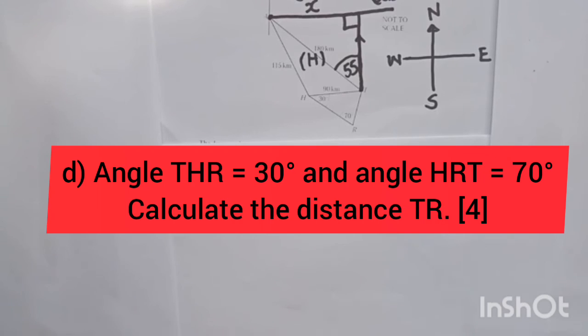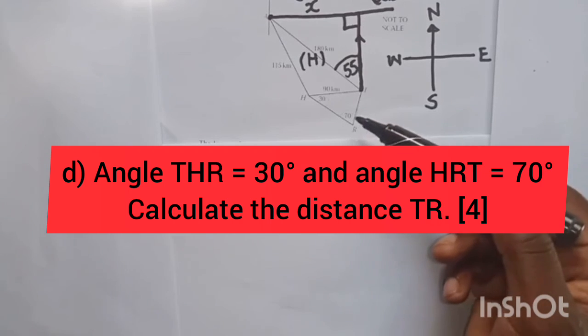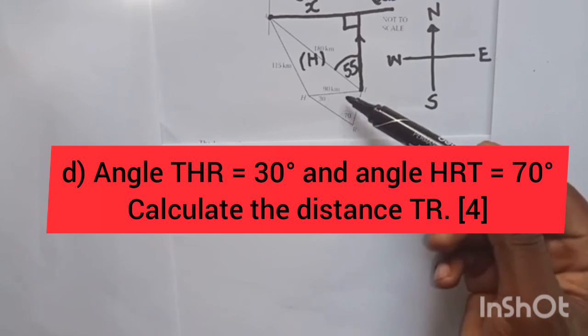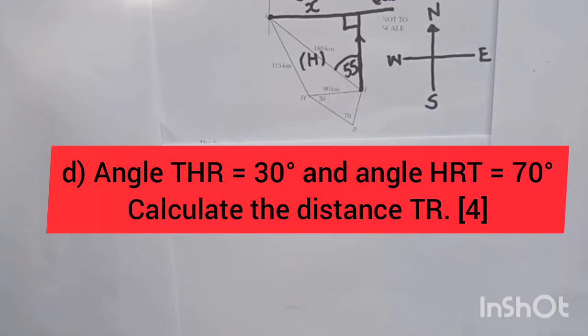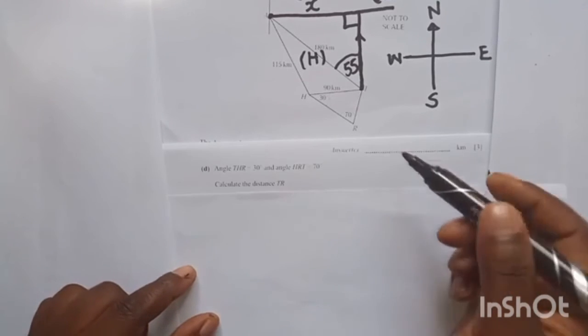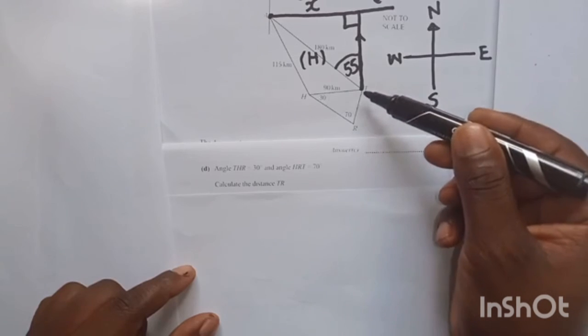Looking at our triangle below, we can notice that 70 degrees and 90 degrees formulate the complete set that I mentioned before, which makes it possible for the sine rule to be applied. This time around, we want to calculate a side using the sine rule.